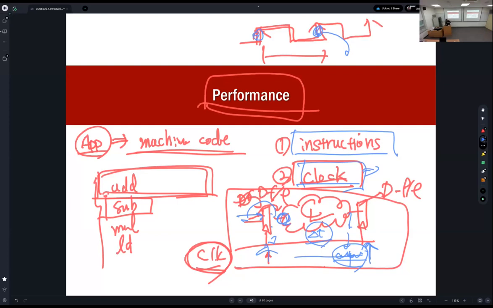Then, firstly, the CPU executes one instruction, and then the next instruction, so instruction by instruction. And second, the CPU uses a clock signal.